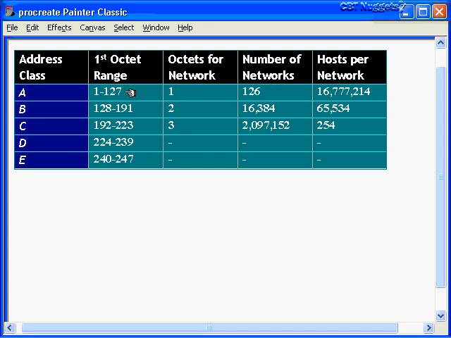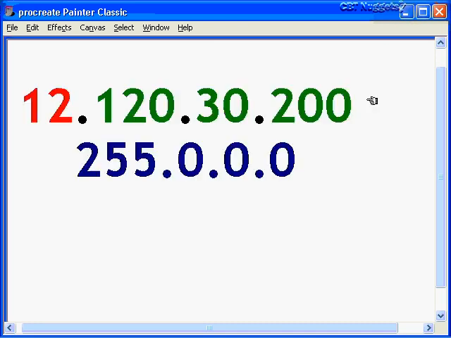Well, because the 127 network is actually used as, we'll see later on, a troubleshooting address. 127.0.0.1 is used as a loopback address. It's used for testing your local system. Now, how many octets are set apart to represent the network? Well, 1. Let's take a look at what I'm talking about here.